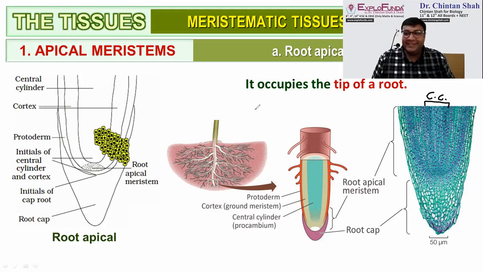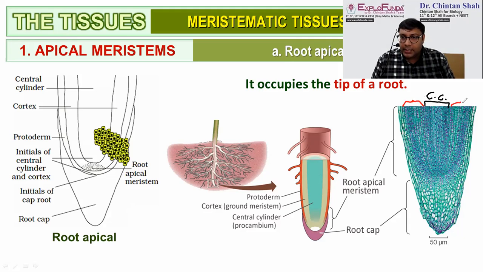Then, let me use another color so that we can make sure. Here to here is known as a cortex. So on either side of a central cylinder, there is a cortex.